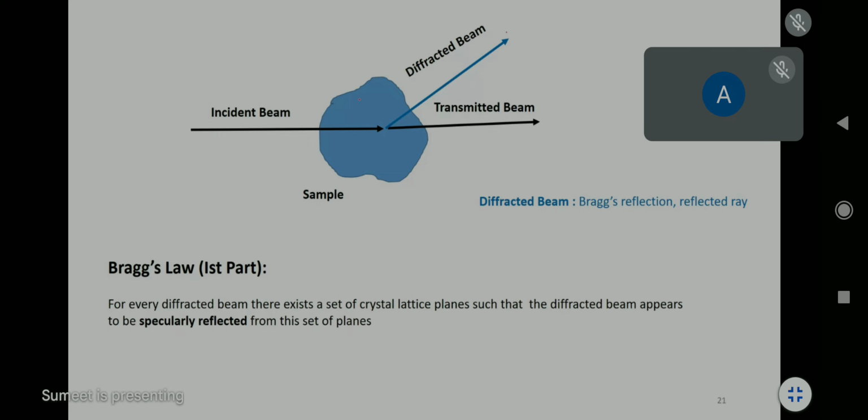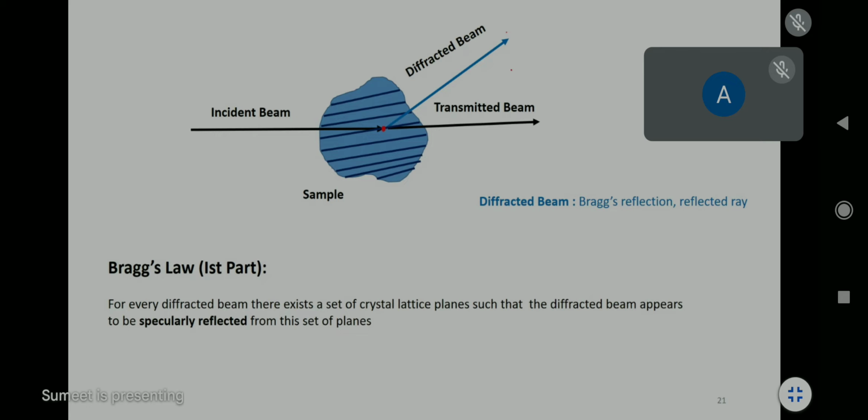This is our sample, and in the sample there are actually different planes. I have only shown these planes, and these blue lines mark the planes. You can see there are different planes in this sample, and when the incident beam strikes this particular plane, it will get diffracted in a particular direction.